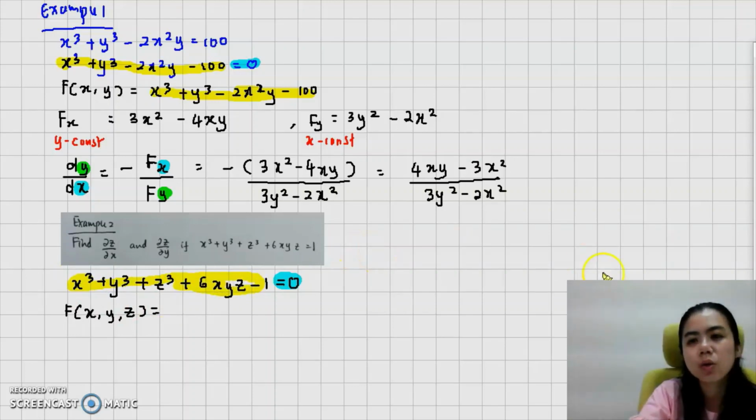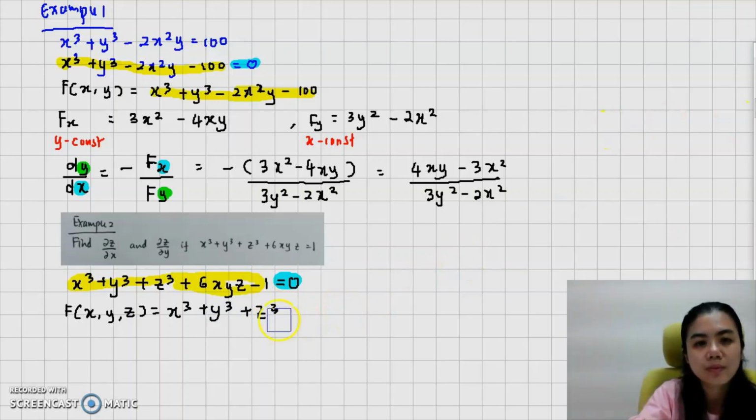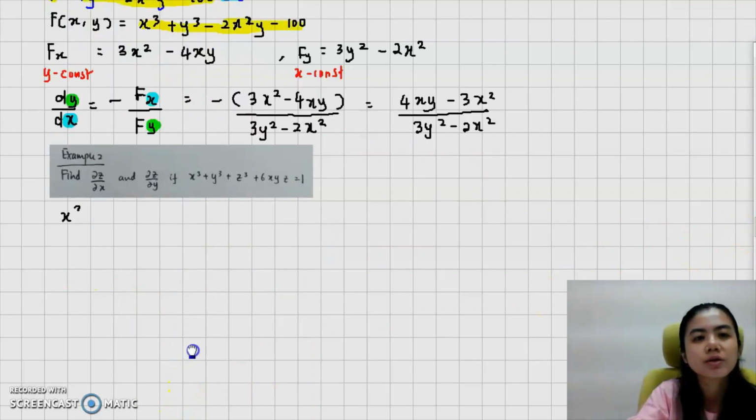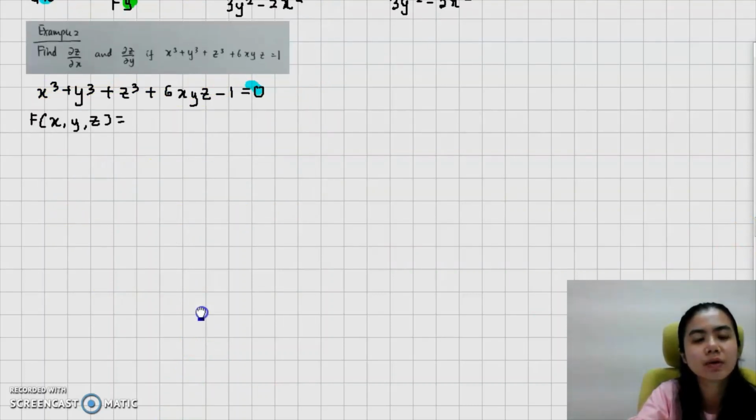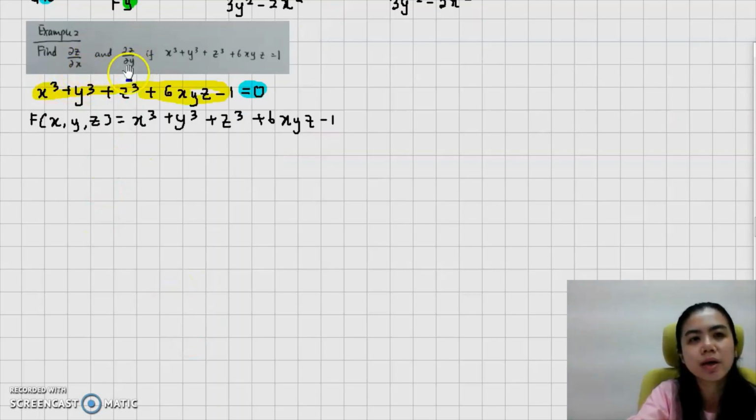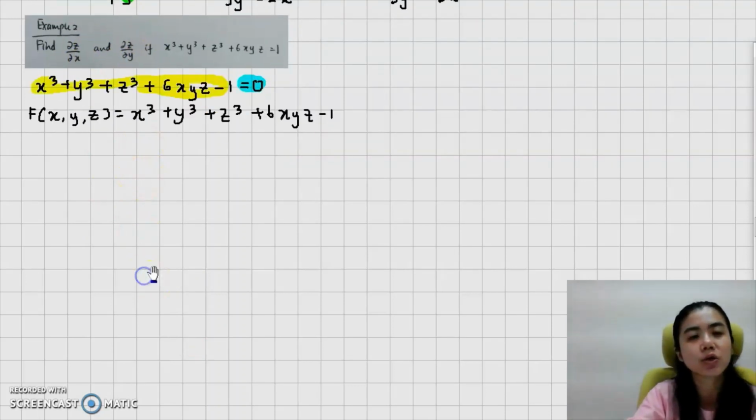That is this, and this one will be your function f. Once we have obtained the function f, they ask you to find the partial derivative with respect to x and with respect to y at the first order.